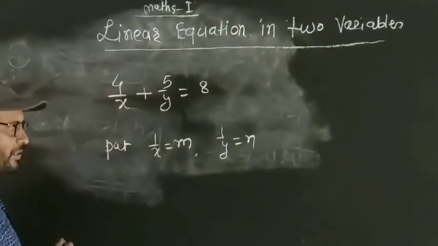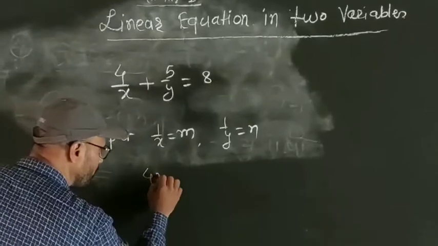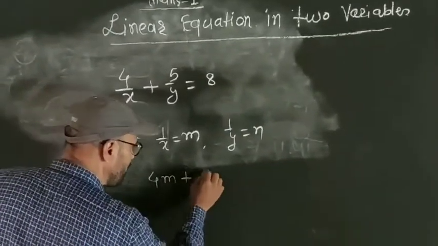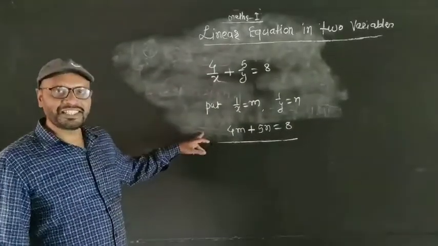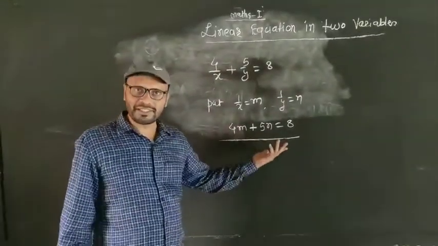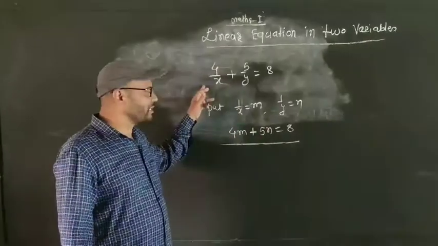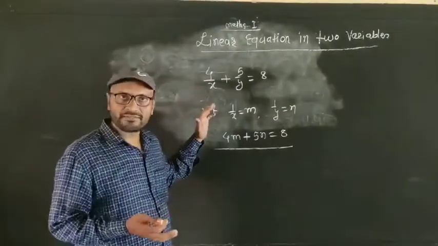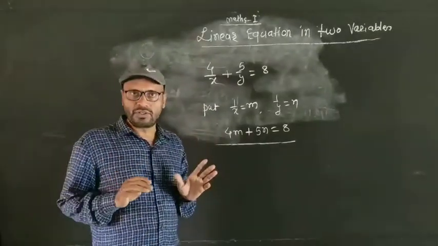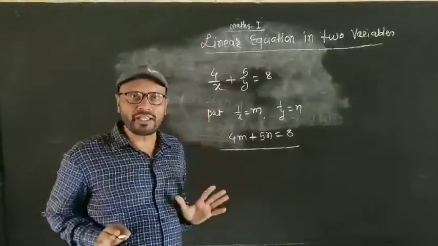In this equation, we get 4m + 5n = 8. Now this is a linear equation in two variables. Such examples we can solve by converting the given equation into a linear equation in two variables.